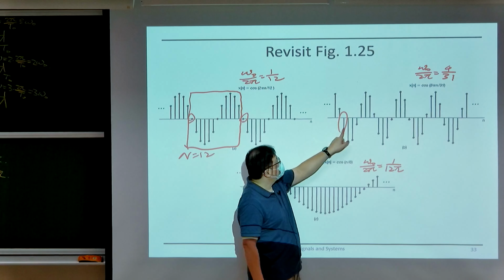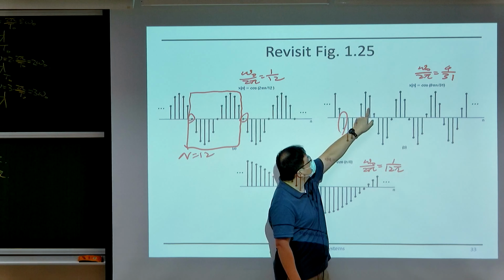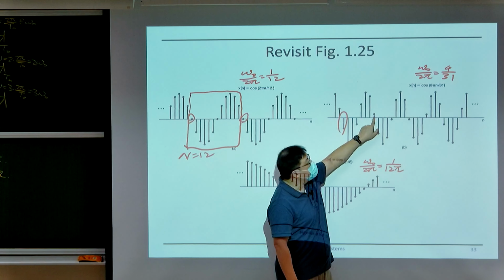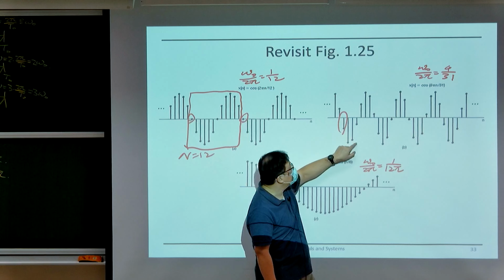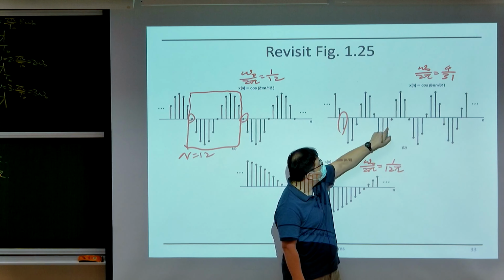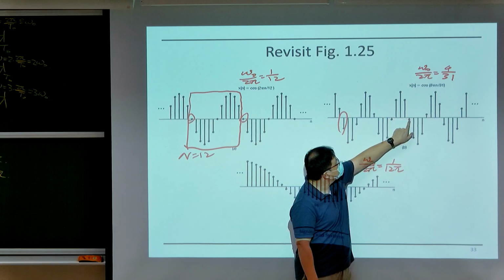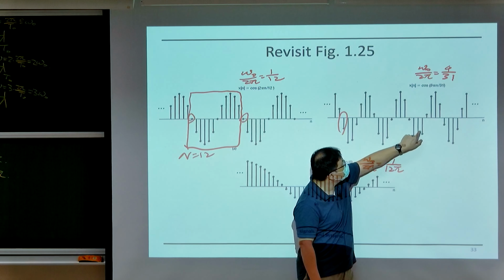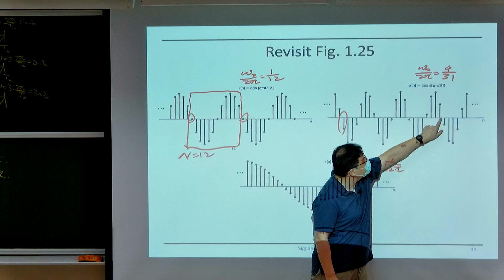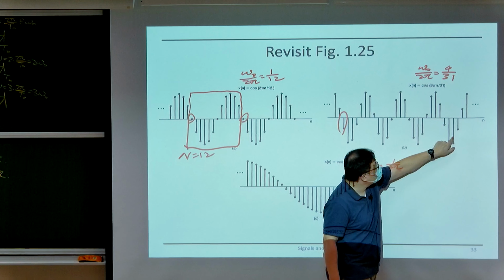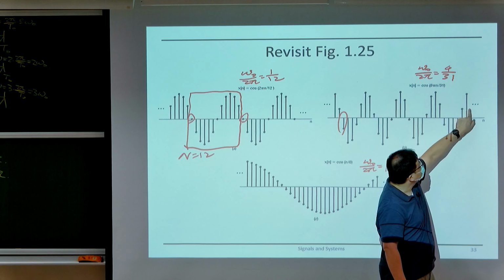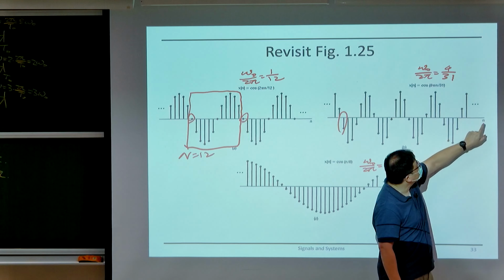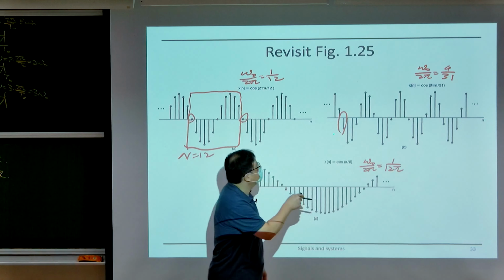Then you go 1, 2, 3, 4, 5, 6, 7, 7 or 8, both do not come back to this. But 9, 10, 11, 12, 13, 14, 15, 16, 17, 18, 19, 20, 21, 22, 23, 24, 25, 26, 27, 28. We're a little bit short. 29, 30, 31, we should come back to this point.